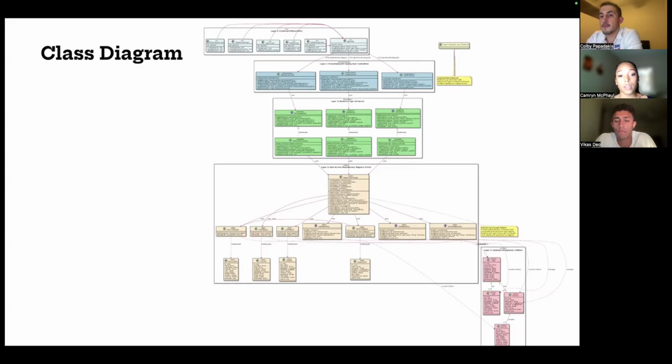The second layer is the presentation layer, where we have our Spring Boot controllers that are shown in blue. The third layer, which is in green, shows the business logic, where we have our user service interface, which defines the contract and what operations are available.